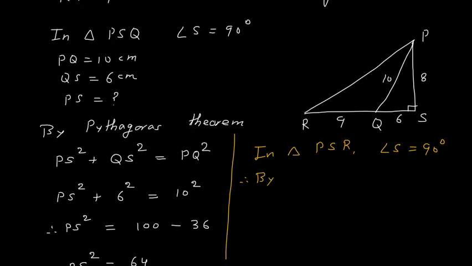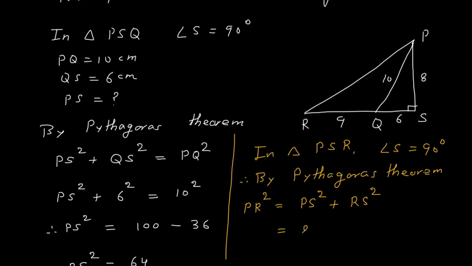Therefore, by Pythagoras theorem, we have PR square is equal to PS square plus RS square. Now the value of PS is 8, so this is 8 square, plus the value of RS is 9 plus 6, 15, so it is 15 square.